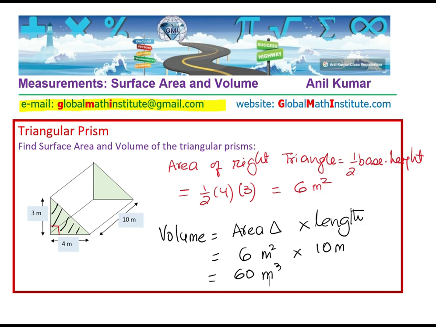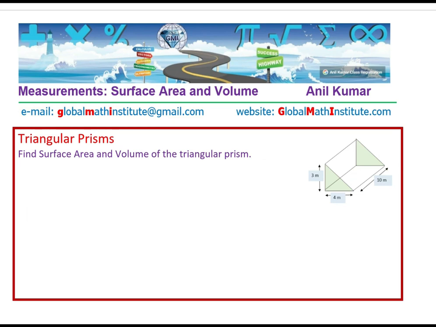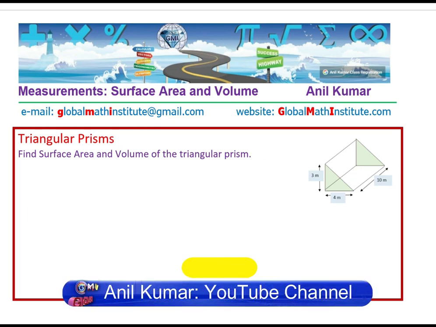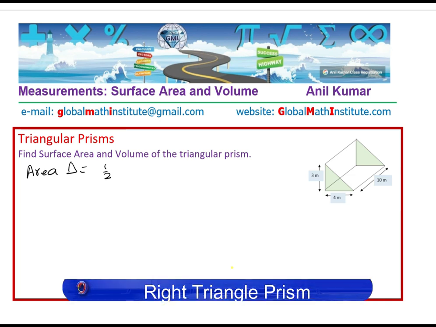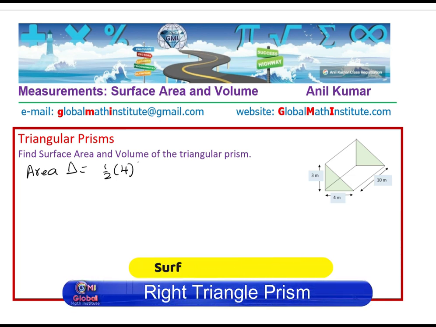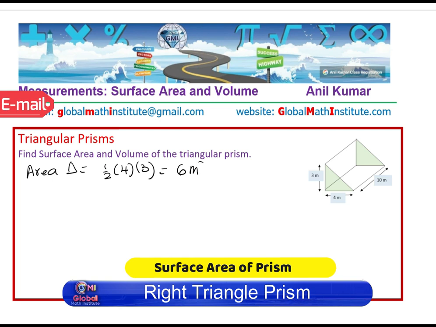Now let us figure out the surface area of this particular right triangle prism. Once again, the diagram is right there before you. We already found that the area of the triangle was half base into height, which is 4 times 3 over 2, which gave us 6 meters square.